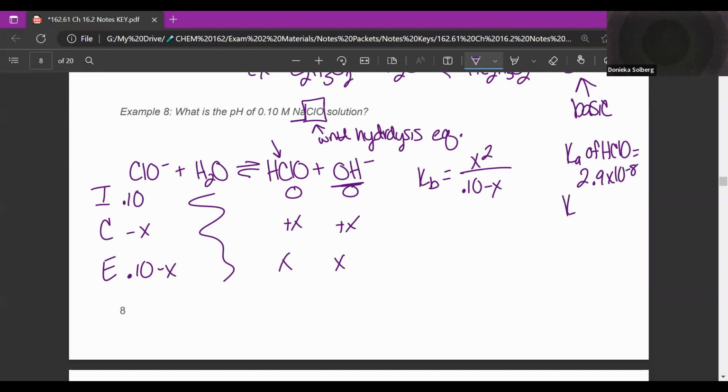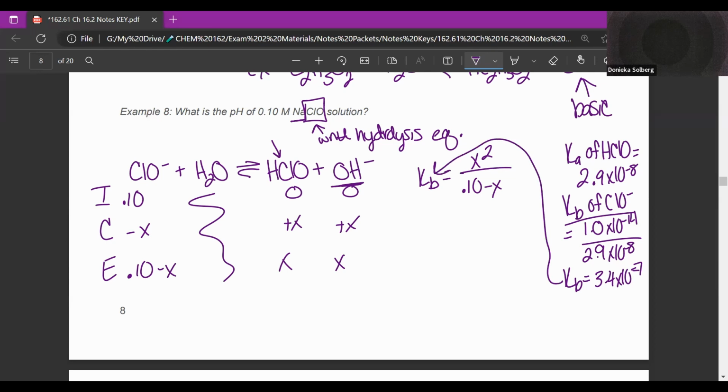So the Kb of ClO minus is, remember, Kw equals Ka times Kb. So Kb is Kw, 1.0 times 10 to the negative 14, over 2.9 times 10 to the negative 8. I did the math there, and Kb is 3.4 times 10 to the negative 7. So Kb of ClO minus, I can now plug in over here.